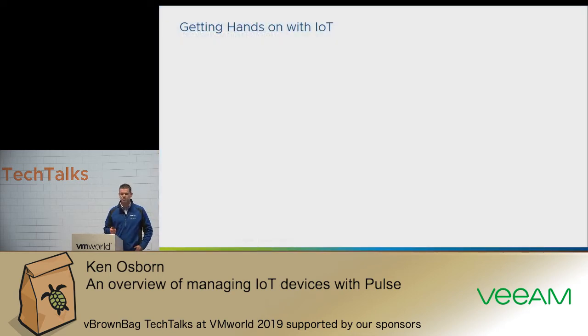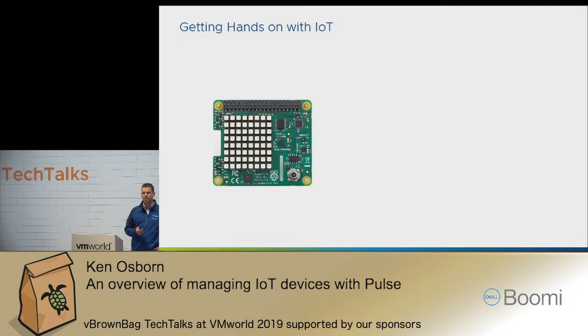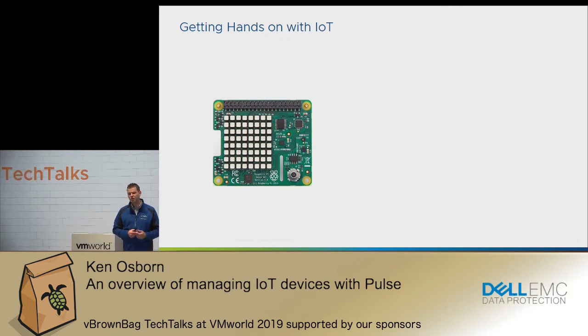So the fastest way that you can get started with IoT is just pick up a Raspberry Pi. You probably already have 10 of them laying around in your house, but you may not have a SenseHat board. If you're not familiar with a SenseHat, this was created a couple years ago, and it was termed Astro Pi and sent into space with a British astronaut named Tim Peake.